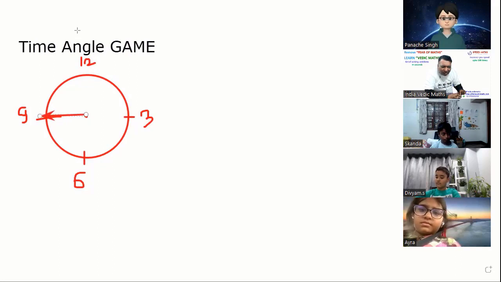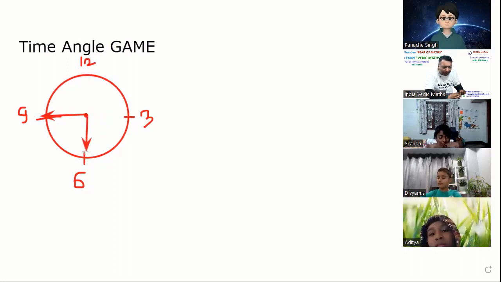But unfortunately, the small hand will not be at 3, it is a little here, right? So it is not straight. But at 6 o'clock, yes, you can say it will be straight. Though I don't draw a proper straight line, it will be exactly straight.